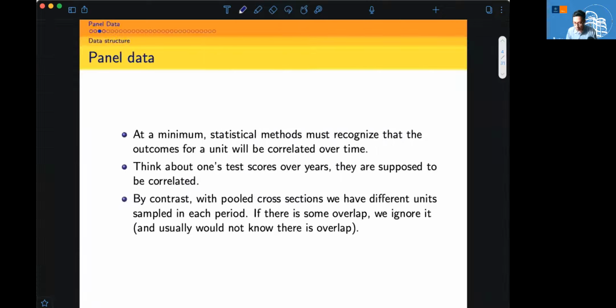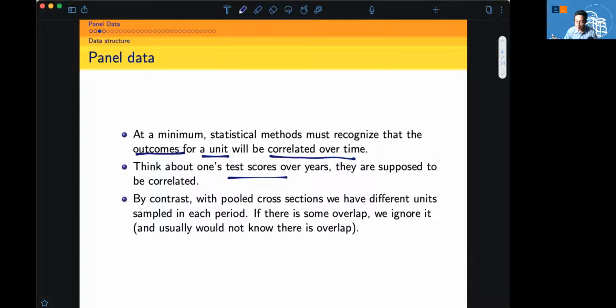At a minimum, the statistical methods must recognize that the outcomes for a particular unit will be correlated over time. Think about observing a student's test score over the years. You observe the student's test score at the beginning of the school year, and then also the test score of the same student at the end of the school year.